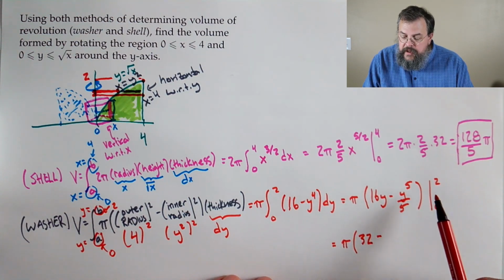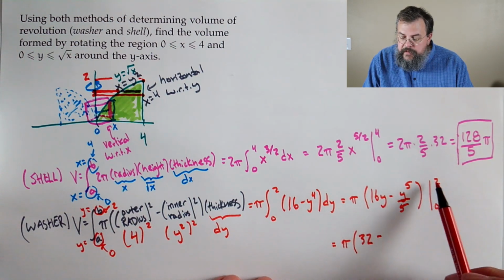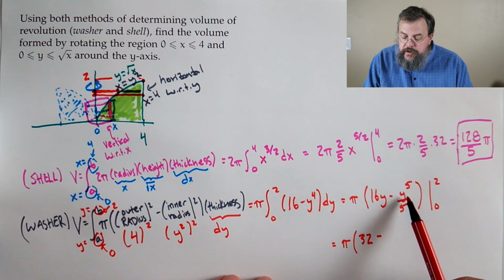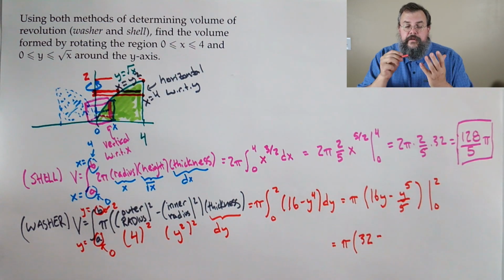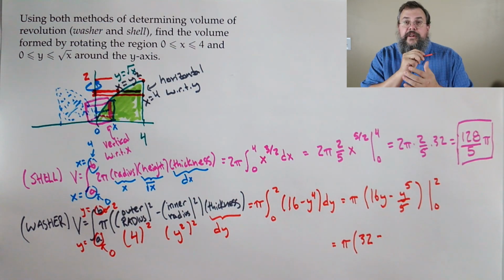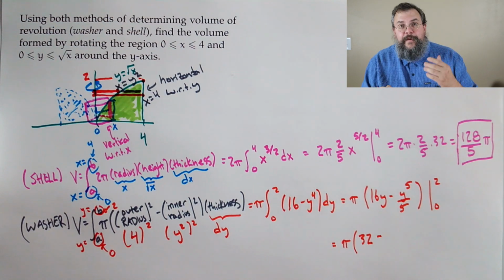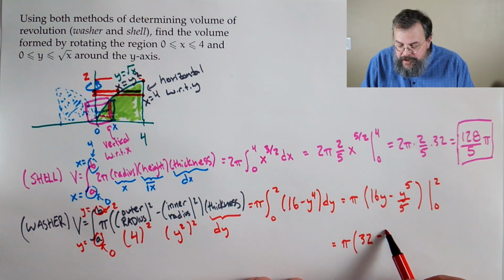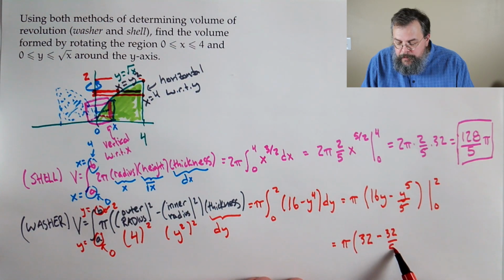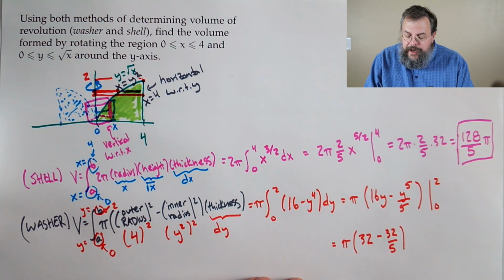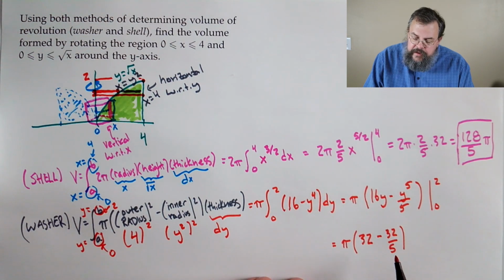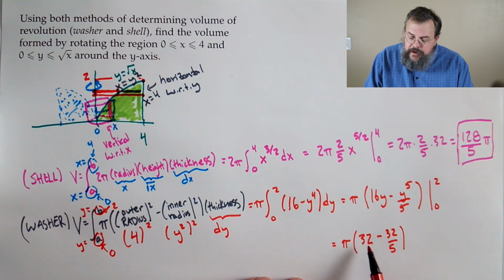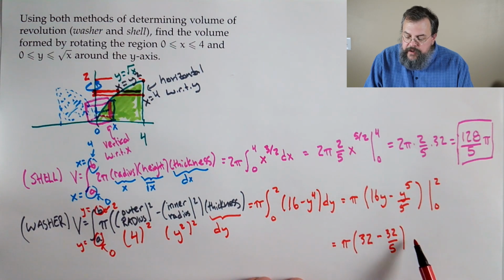Minus, now, 2 to the 5th. Well, 2 to the 5th, that's 2, 4, 8, 16, 32. Still 32, same as it was a few minutes ago. Isn't it nice that it hasn't changed in the last few minutes? Now, if you look at this, let's pull out a 32 really quickly, because you have a 32 and a 32.